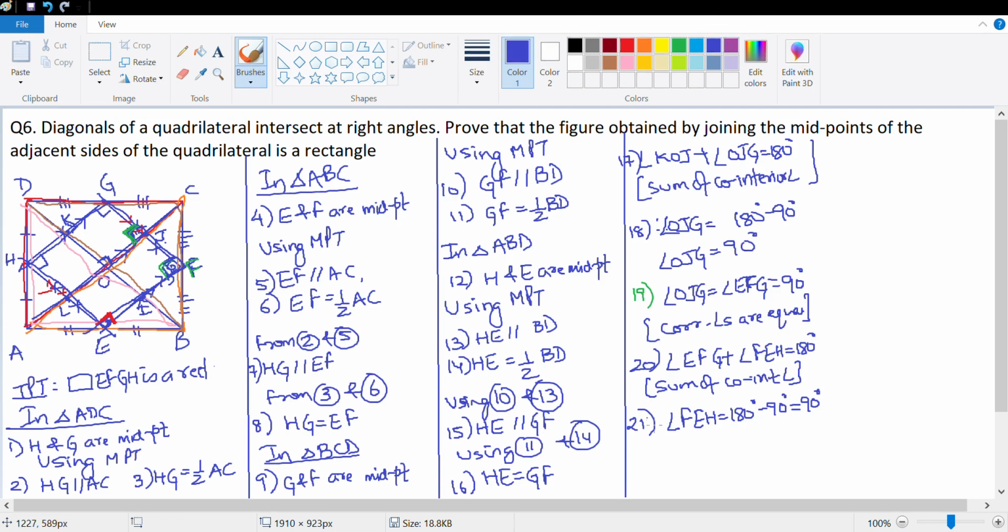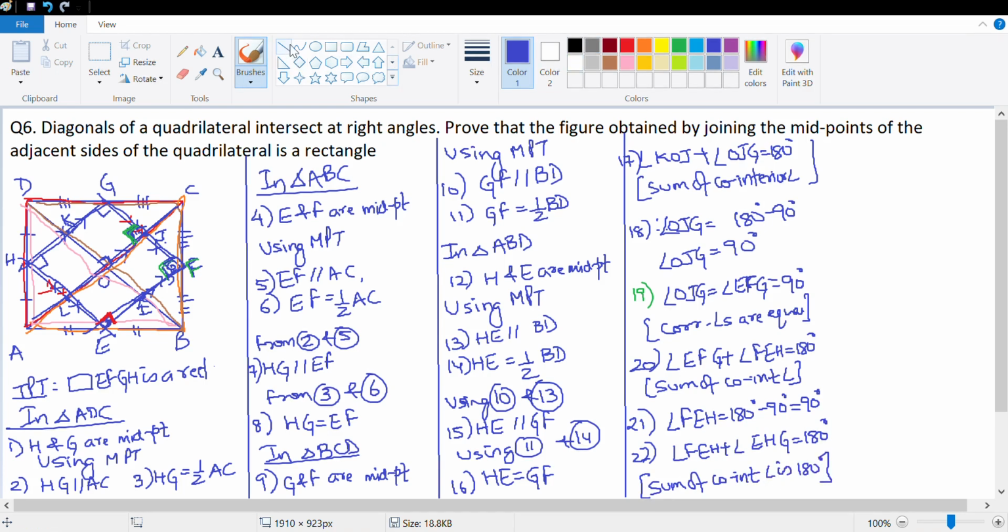So let's look at number 22, which would be angle FEH plus angle EHG is equal to 180 degree. This is sum of co-interior angle is 180 degree.